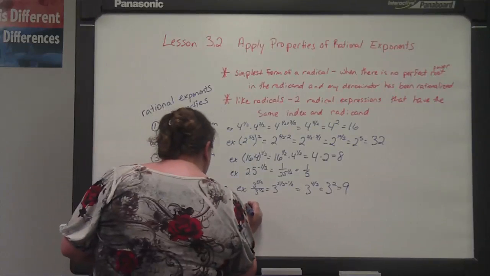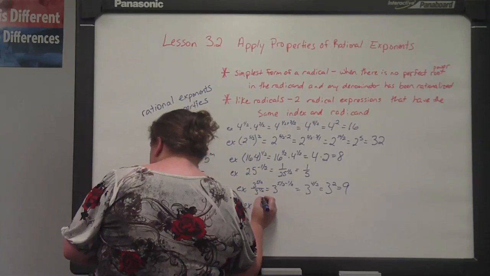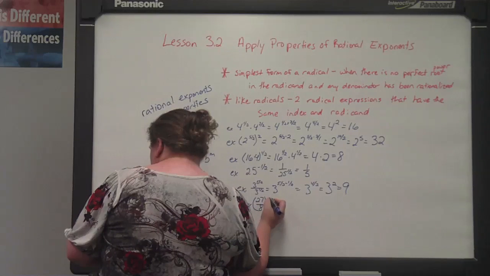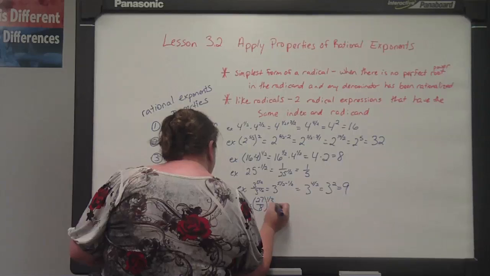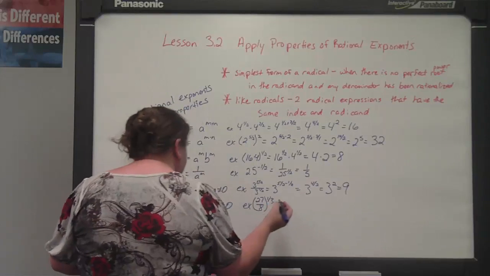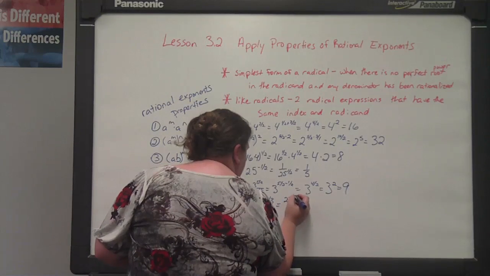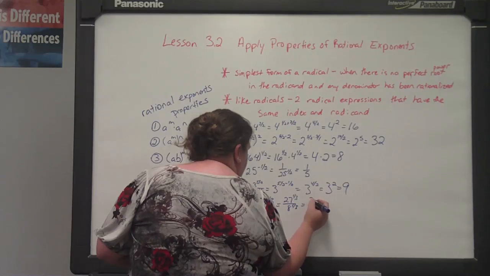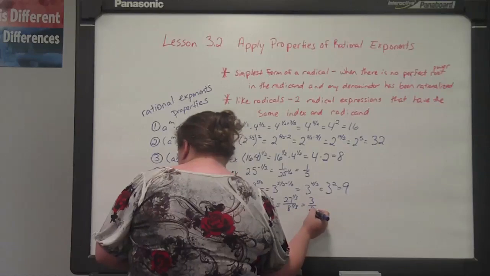So this example is 27 over 8 to the 1/3. That's the same as saying 27 to the 1/3 over 8 to the 1/3, which is 3 over 2.